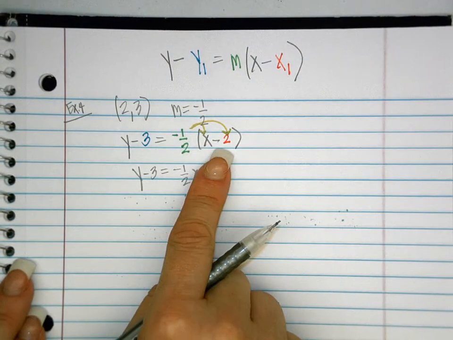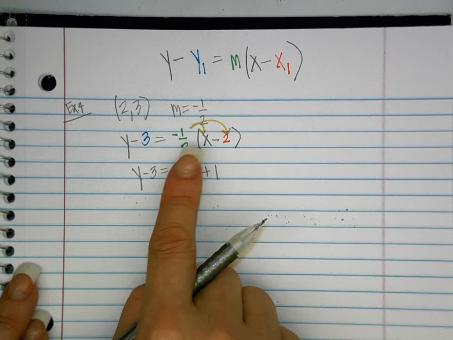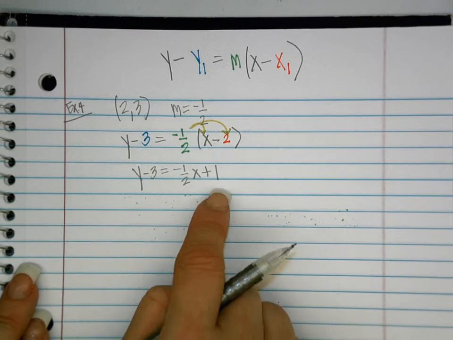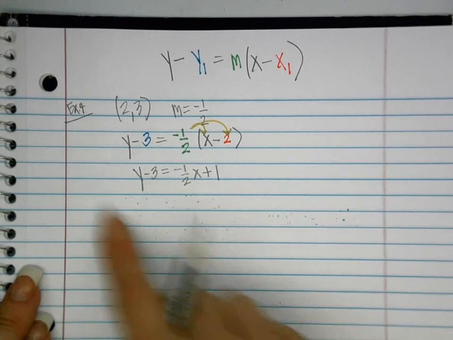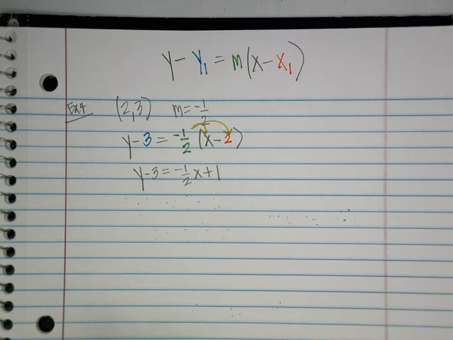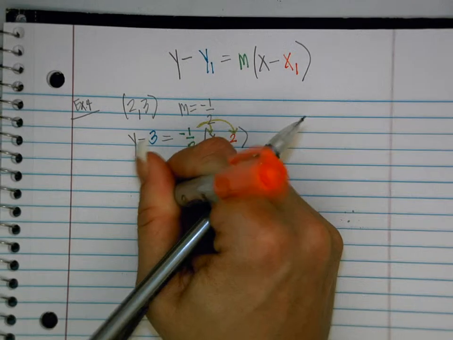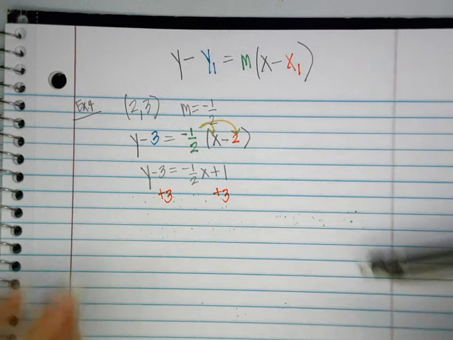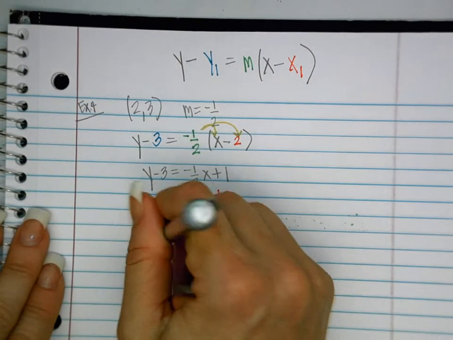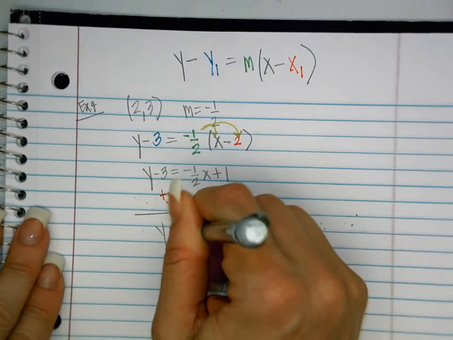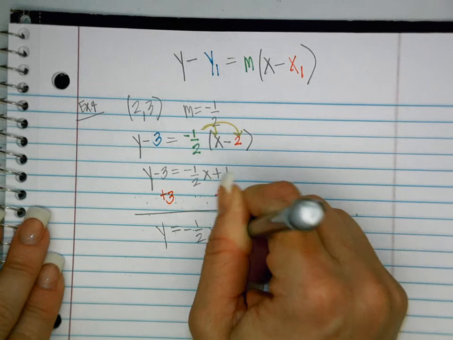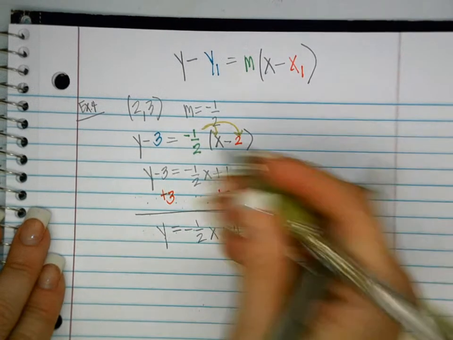Negative, negative goes away, turns into positive. And then 1/2 times 2, half of 2 is 1. Then, what do I have to do to get y by itself? Add 3. So add the 3 to both sides. That's called using the additive inverse. So y equals negative 1/2 x plus 4 as your answer.